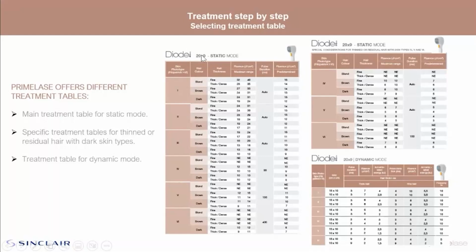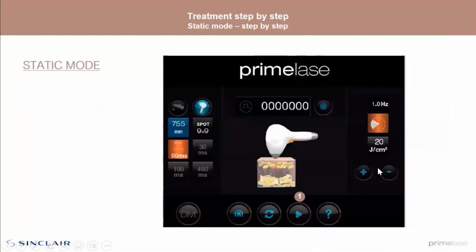Once we know which applicator we are working with, we have the static mode, in which we select phototype, hair color, and thickness, and it gives us the range of fluence and also the pulse duration. We have another table, also for static mode, but with special considerations for thin, residual, difficult hair to remove. And then we have the treatment table for dynamic mode.